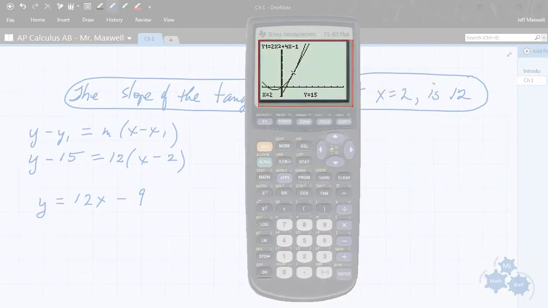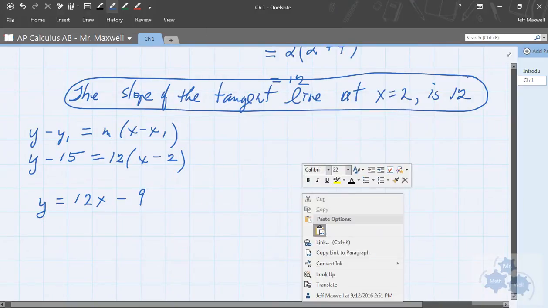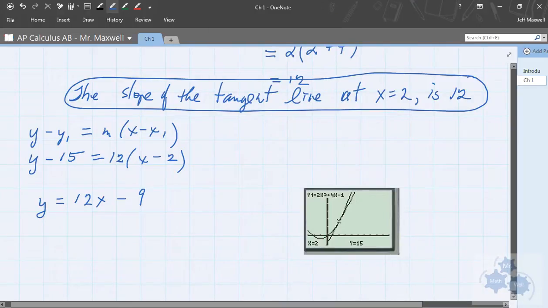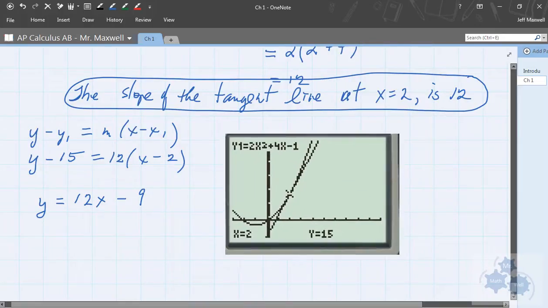And I'll just paste this as well. And there's your tangent line right there. Okay, so that checks out.